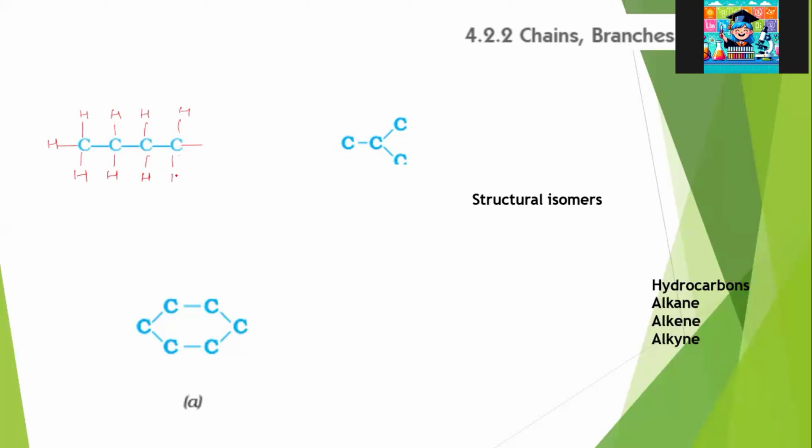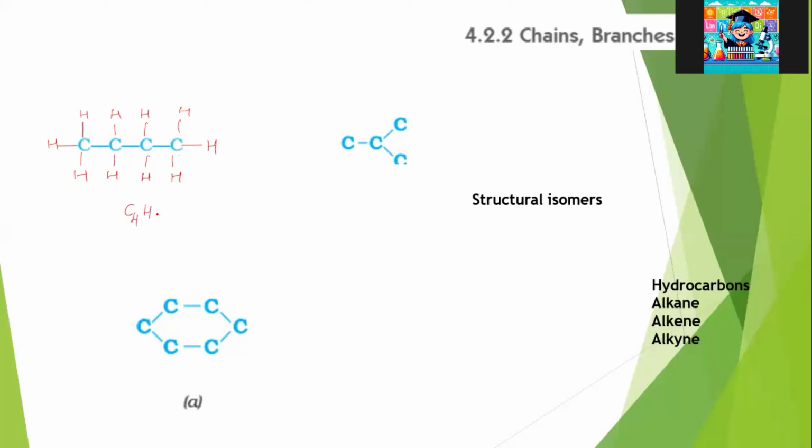That is, each carbon in a molecule will have four bonds around it. So here, if we count, there are 1, 2, 3, 4 bonds around this carbon. Here, this carbon also has 4 bonds, 1, 2, 3, 4 bonds around it. Likewise, we can write the structure of this linear or chain compound like this.